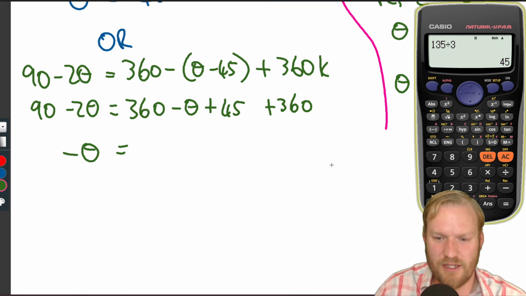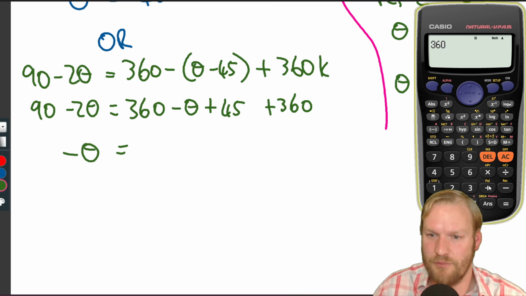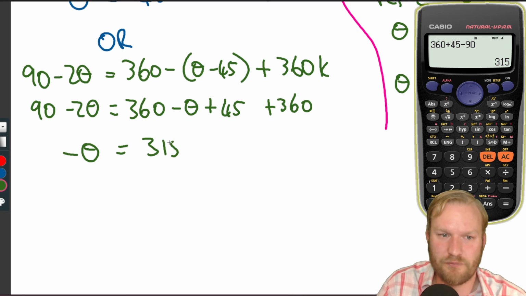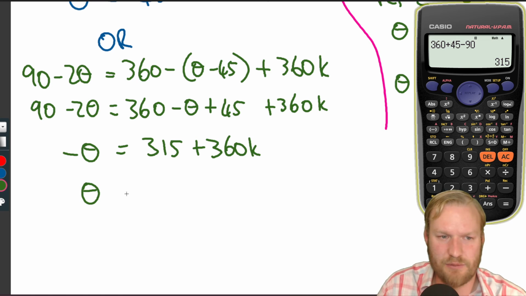So we've got 360 plus 45 minus that 90, which gives us 315, plus 360k. Divide both sides by negative 1, so theta equals minus 315 plus 360k.